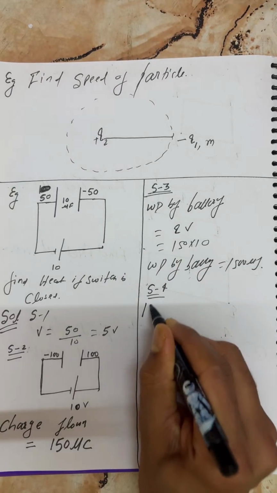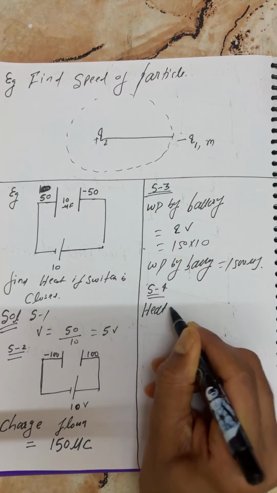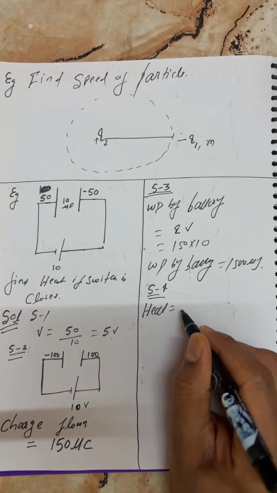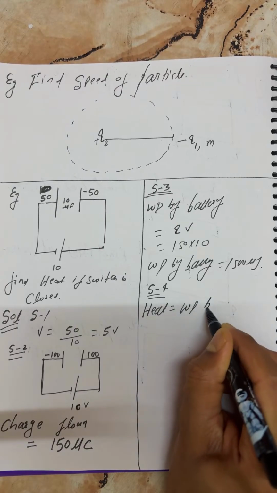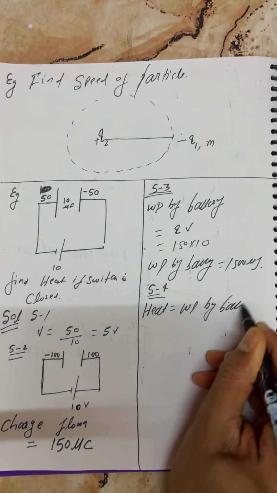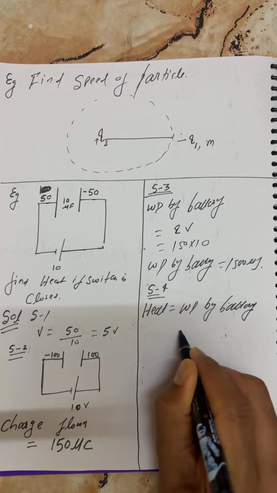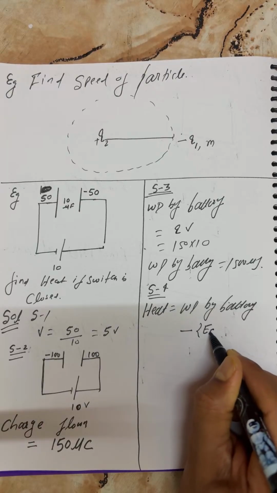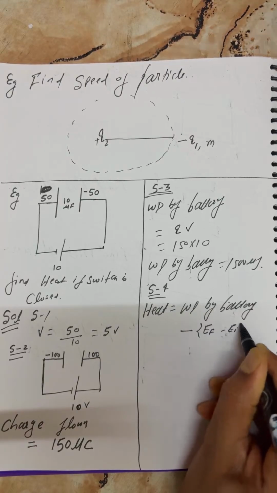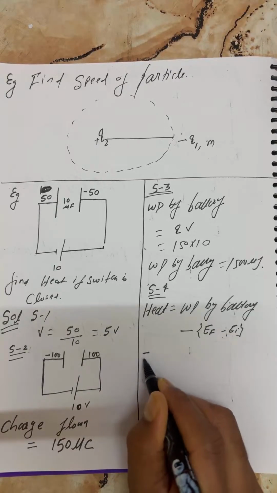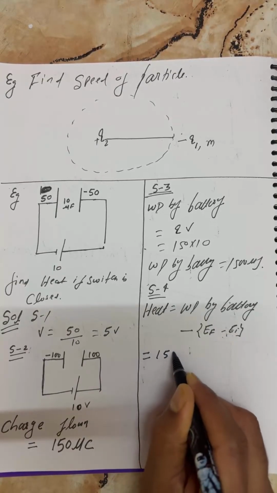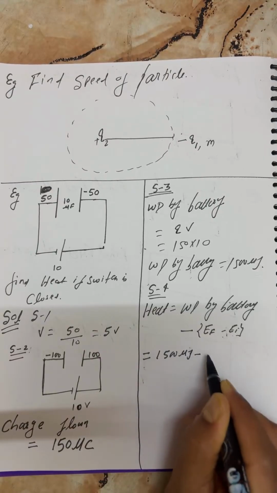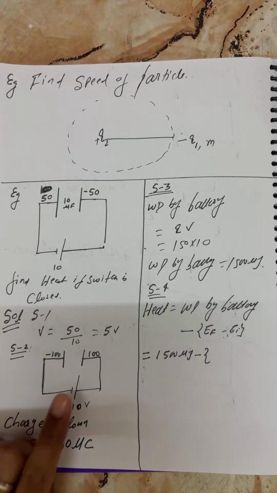So heat formula, beta, I can write first here. Heat is equal to what? Work done by battery minus energy final minus energy initial. So work done by battery, 1500 microjoule. I wanted to find energy final here only.